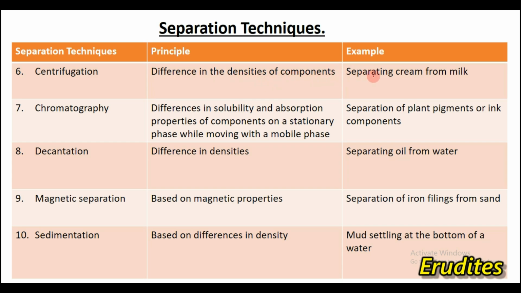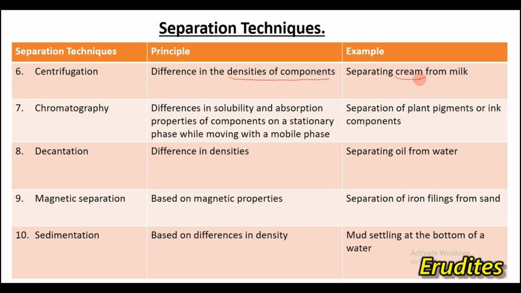So an example is separating cream from milk. The major thing here is that centrifugation acts based on the difference in the densities of the components. One is heavier than the other. So separating cream from milk is an example that uses the process of centrifugation.